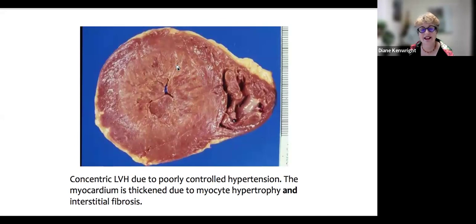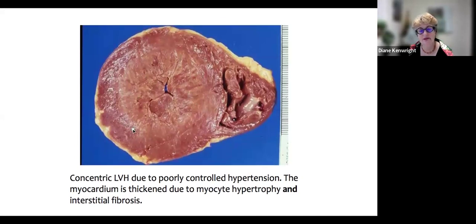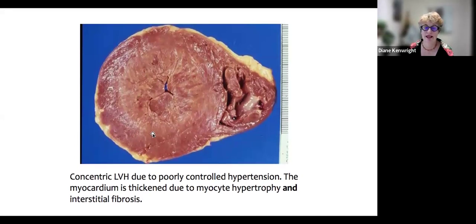You can see here that it's got a tiny yellowy look. That is because of the fibrosis that's happening in this heart. So the people with hypertension go through a phase where they have really, really dense, thick heart muscle, but then the heart muscle becomes fibrotic, and so the heart dilates again, and they end up in dilated heart failure.